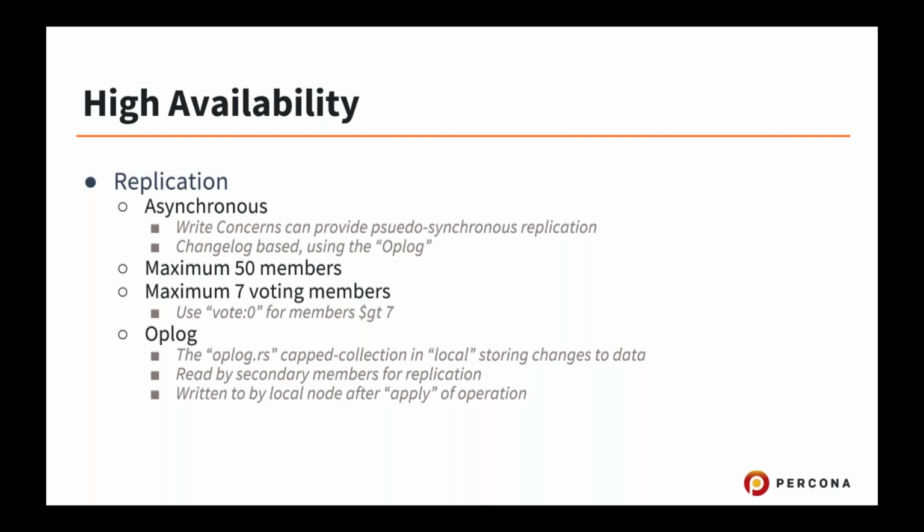So you get both the performance and the flexibility. That's similar to Cassandra, where you can say how many nodes you want to replicate to, but you actually wait for that change to go to all of them synchronously.